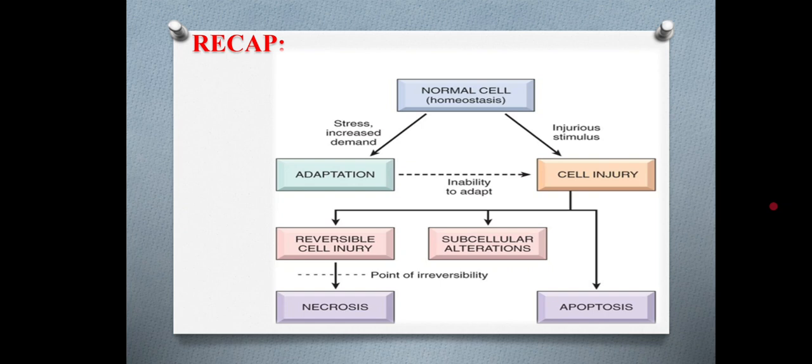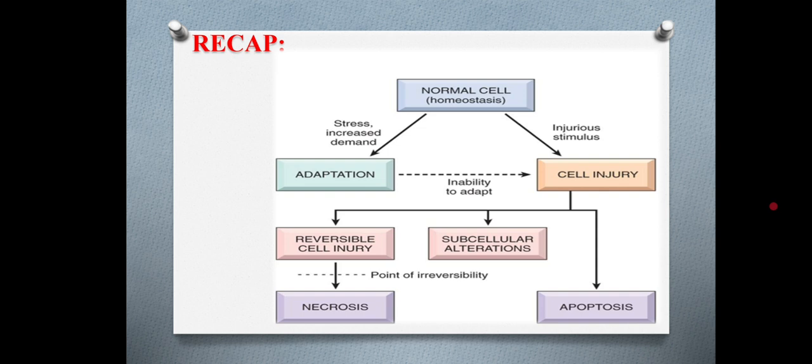But before the actual cell is injured, there are what we call subcellular alterations. What do I mean? Within a cell, you find specific organelles: the mitochondria, the lysosomes, the nucleus, the Golgi apparatus, the ribosomes.